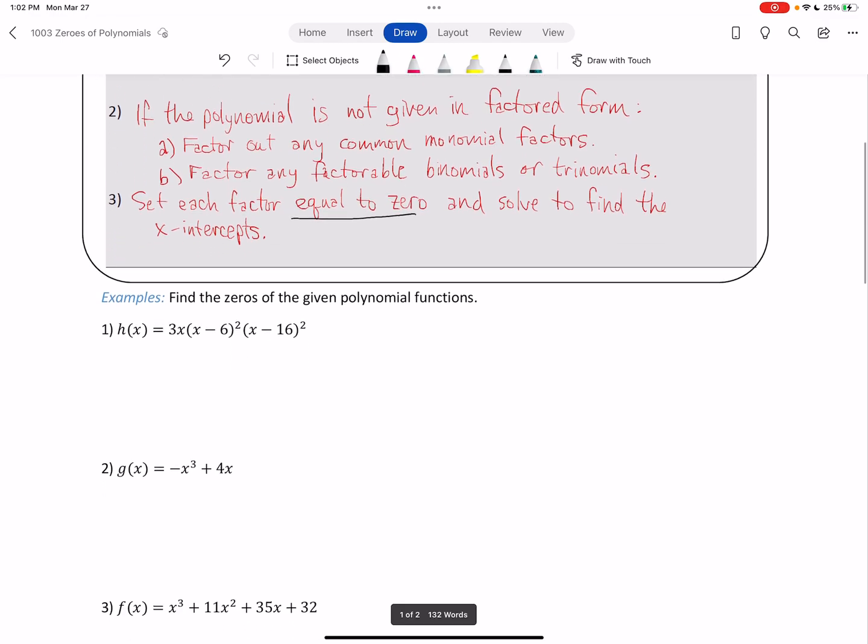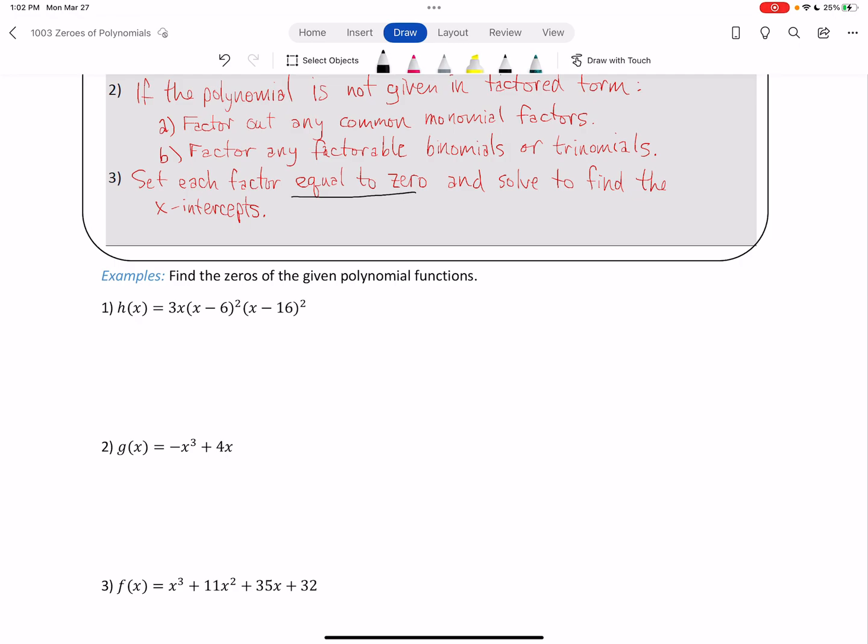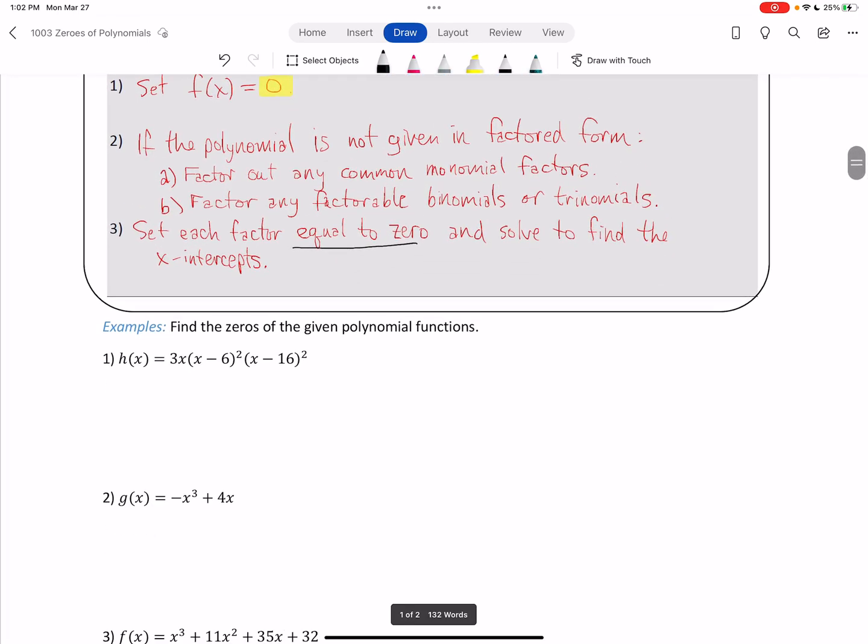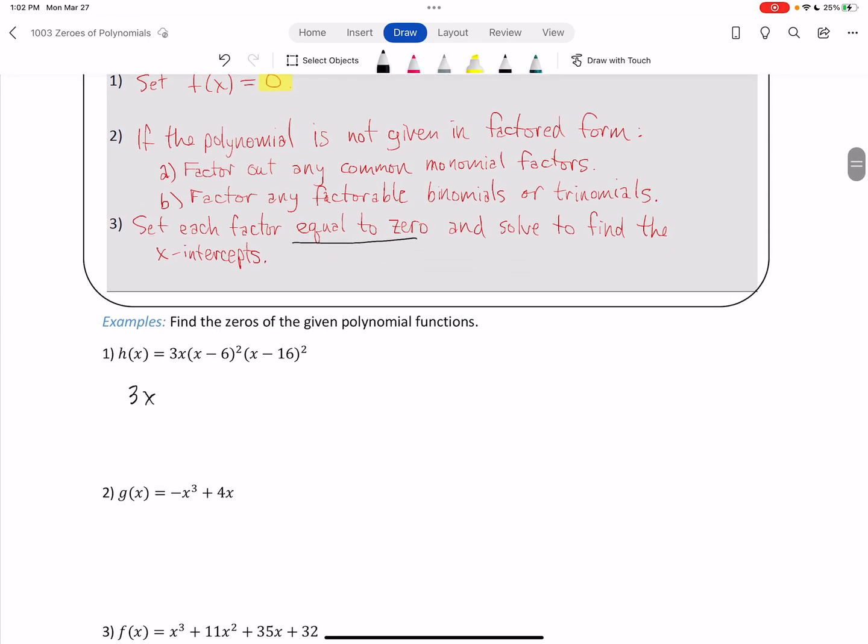So if we look at this first example, 3x times x minus 6 squared times x minus 16 squared, I can see that I have three factors here. I have the 3x, I have the x minus 6, and I have the x minus 16. Now the square part isn't going to change what happens when you set it equal to 0, because the only number you can square and get 0 is still just 0.